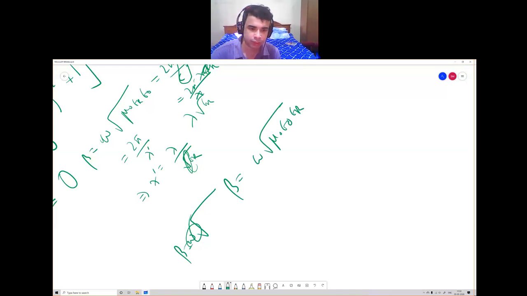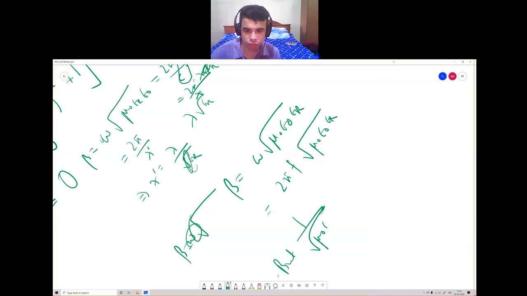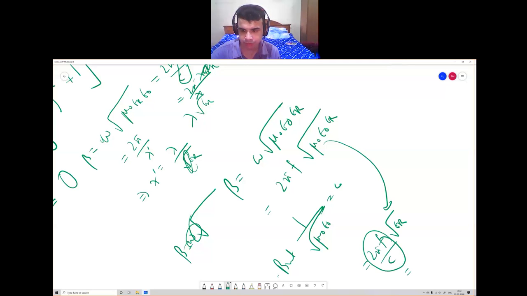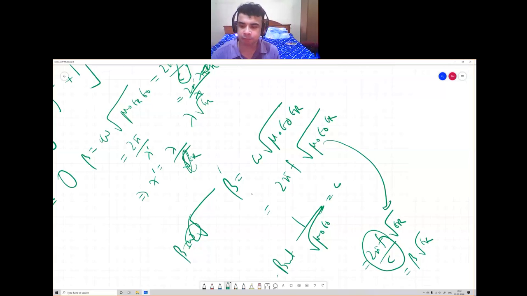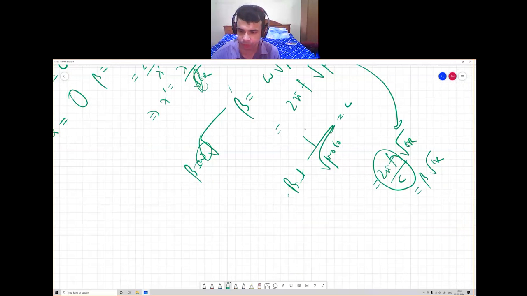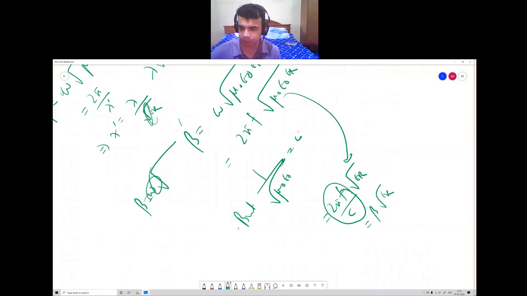So this is equal to 2 pi f root mu naught, right? But 1 by root mu naught epsilon naught is c. So this becomes 2 pi f by c, root epsilon naught. This is beta root epsilon naught. So if it is a perfect dielectric, in other words, if sigma is 0, then we see that alpha is 0 and beta is, we come back to the expression for the perfect dielectric.